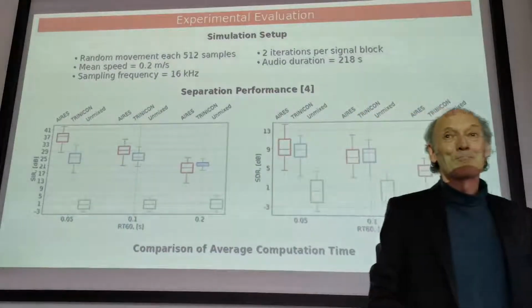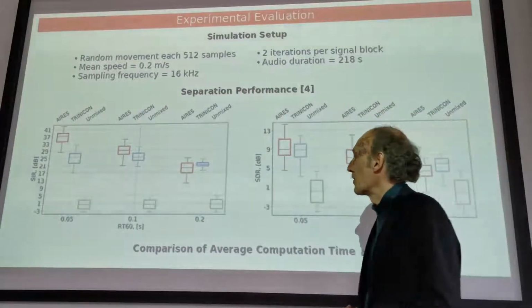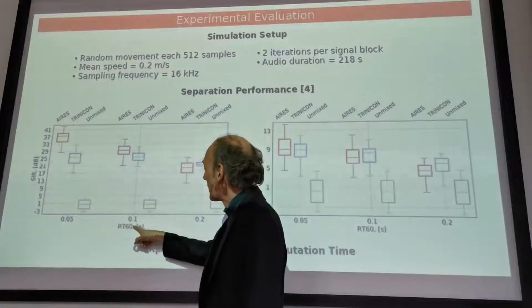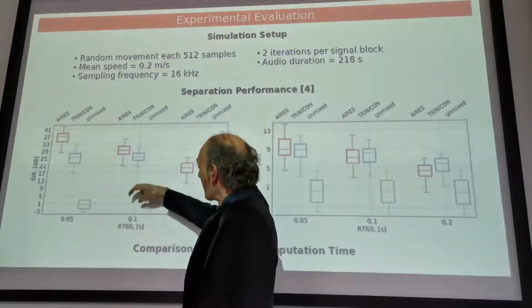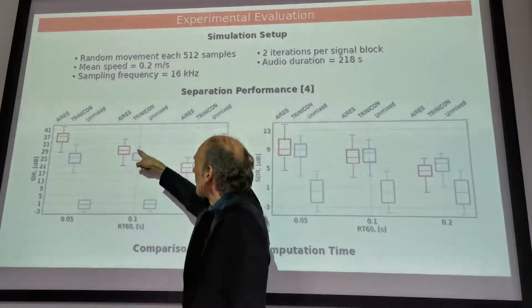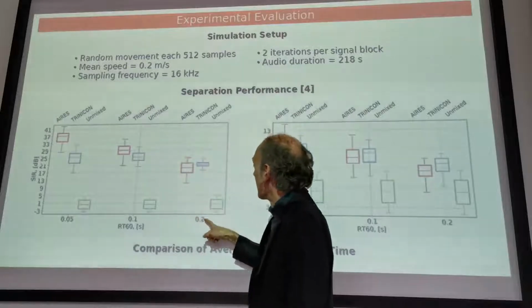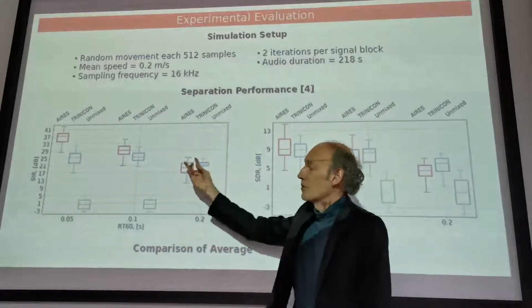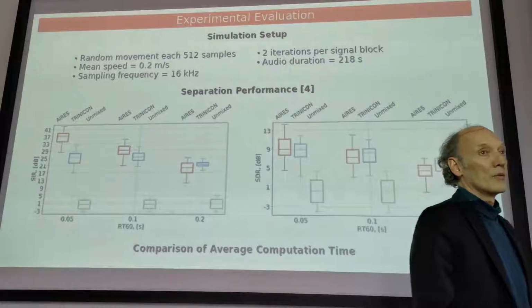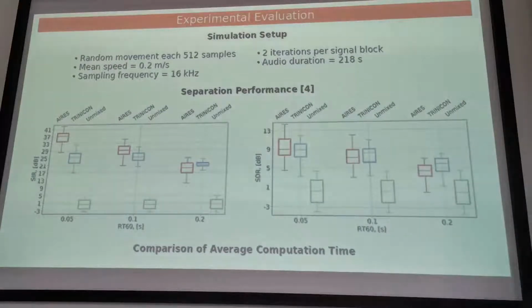Right? So it's a quite nice result. When you have more room impulse responses, the length becomes larger, then it becomes comparable. And even more comparable when you have longer impulse responses. So our system is either as good or better than the current state of the art.